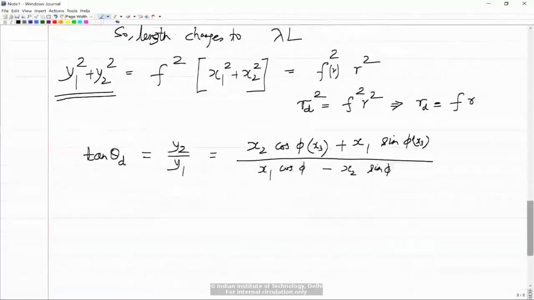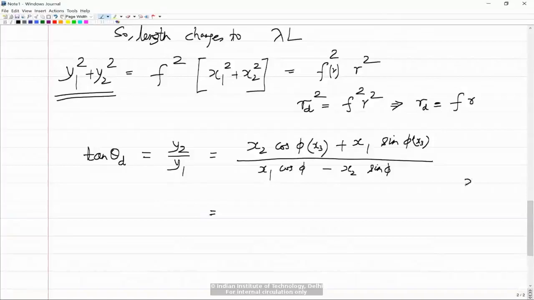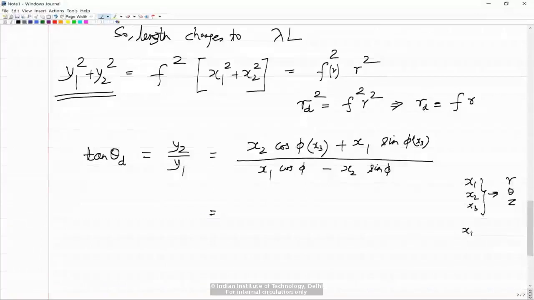Okay, let us try to write everything in terms of cylindrical coordinates. So x1, x2, let us write these in terms of r and theta, the original cylindrical coordinates. All of you know that if x1, x2, x3 are Cartesian coordinates and I want to go to r, theta, z, then x1 is equal to r cos theta, x2 is equal to r sine theta, and x3 is simply z.